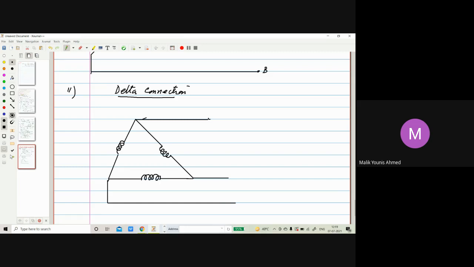So this is your R, this is your Y, and this is your B. No neutral will be there in this case. So this is your IR. That will be the line current in which phase? R phase. Then between two, this current will be called the line to line current, phase current IRY.